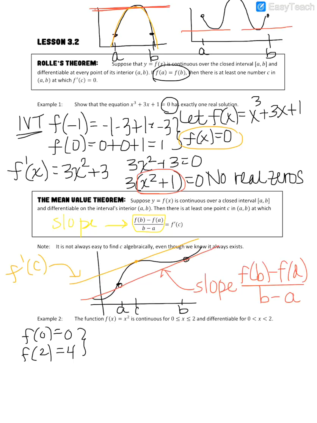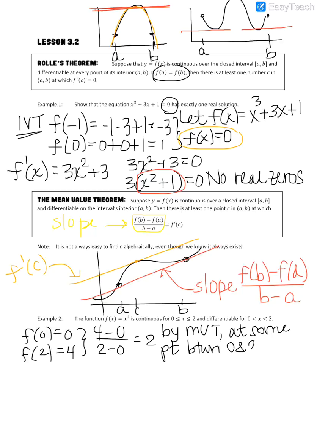So the difference of the y's over the difference of the x's would give me 2. By the mean value theorem, at some point between 0 and 2, the tangent line has a slope of 2.